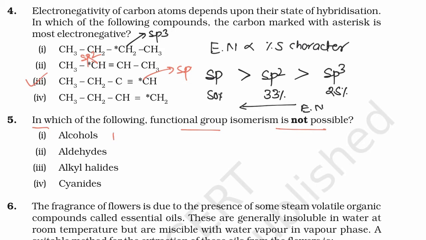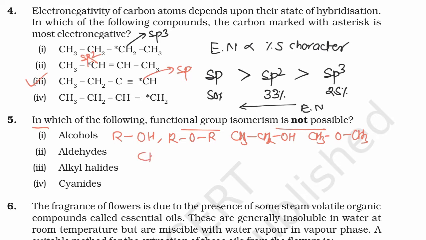Now in the first case alcohol, if we have an alcohol then its functional isomer ether is possible. For example, if we have ethyl alcohol then its functional isomer CH3OCH3 is present.